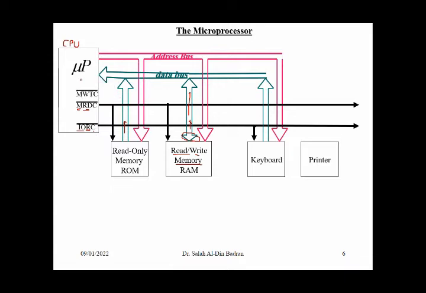And after processing it, it will store it in the memory. It will save it in the memory because we can write inside. Write means we can store inside this RAM. After processing, the microprocessor can send again through the address bus to a specific location or locations to save the processed data.